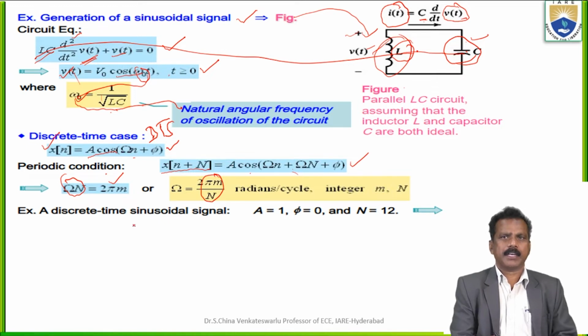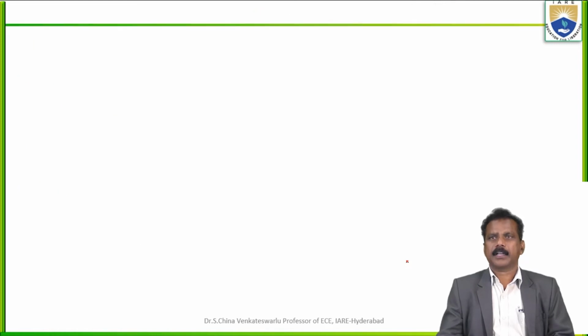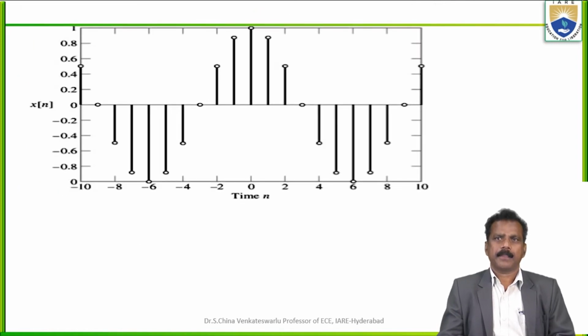For example, consider a discrete time sinusoidal signal, DTSS, where capital A is 1, pi equals 0, and capital N is 12. Based on these parameters, we have to plot x of n versus time n.